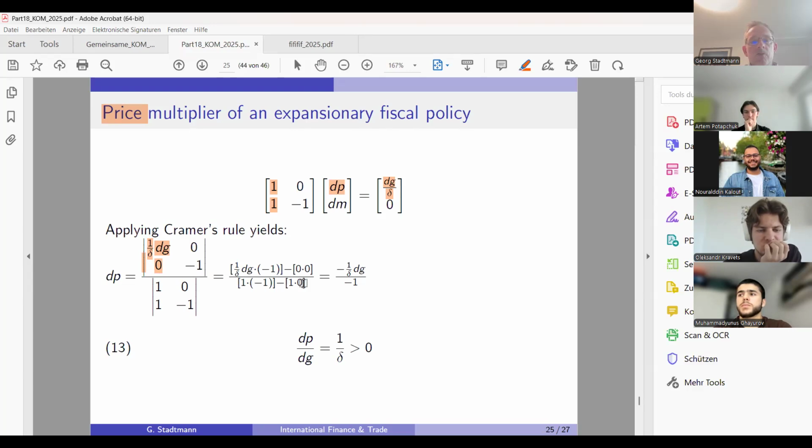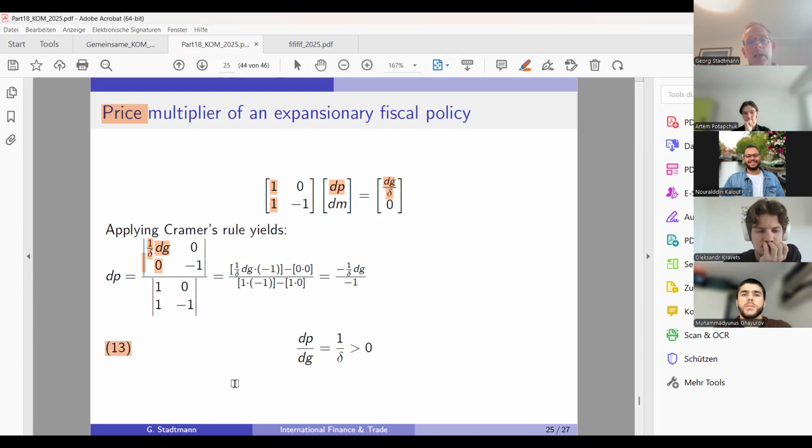The 0 parts drop out. We have a -1 in the numerator and a -1 in the denominator. The negative signs cancel out. dg goes on the other side of the equation.